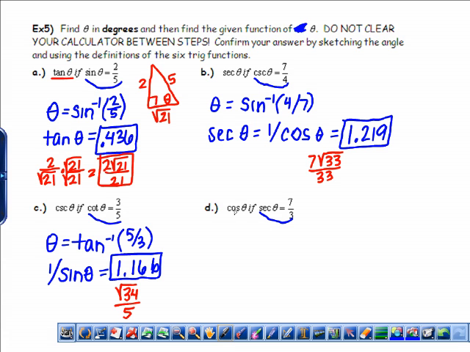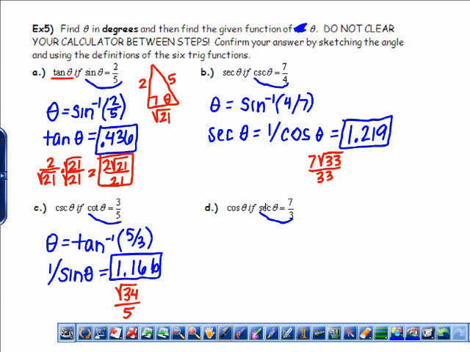Okay, this is saying to find cosine of theta if secant of theta is 7/3. If you just look at a problem and then you just go straight forward, a lot of times you're going to end up doing extra work, okay? Although that would be fine in this problem to go ahead and do this the same way we've done the others, but let's just think logically for a second.